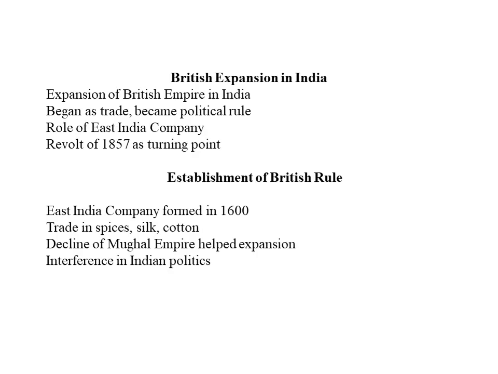The British presence in India began with the East India Company in 1600. Initially, they came only for trade, especially in spices, silk, and cotton. However, over time, they started interfering in Indian politics.